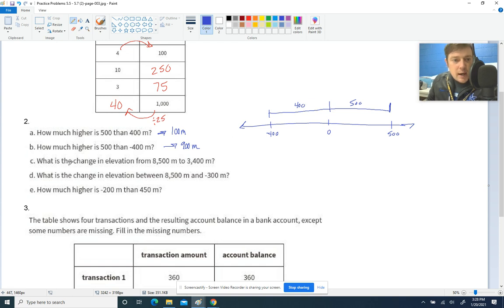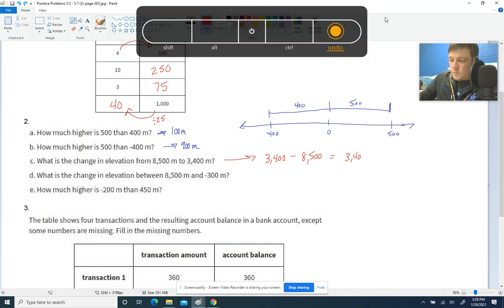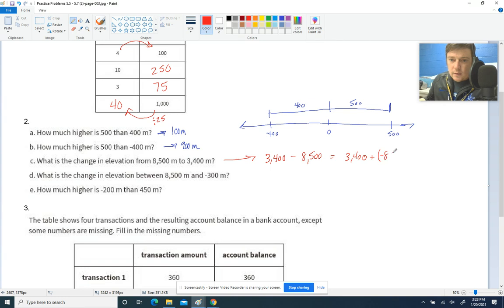What is the change in elevation from here to here? We did these problems on Wednesday of this week. This is a subtraction problem. Start with where you end up and subtract where you began. If you do that subtraction, you add the opposite, and you're going to have a negative 8,500.